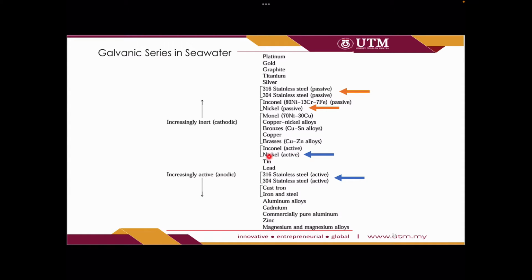If you look at nickel active and nickel passive, there are two conditions: at one point it will be active, and with increasing potential it will become passive, and then break down the passive layer. That's the reason you see nickel active and nickel passive. The same goes for stainless steel, active and passive.